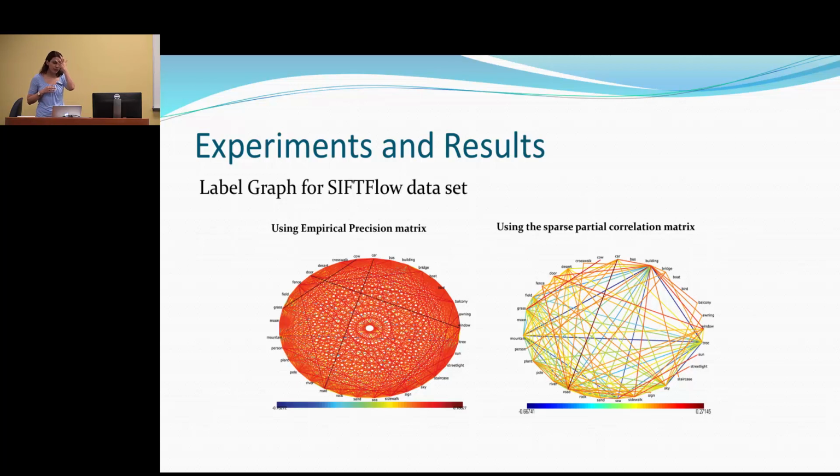As you can see, here we have fewer edges, and we just preserve those that are meaningful and significant. For example, here car and road have positive correlation, and field and building have negative interactions. So we use this in the pairwise cost, as I mentioned.